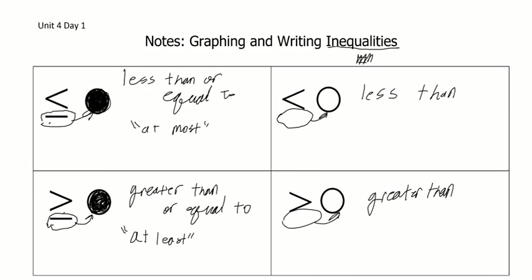It's going to remain open. Less than is going to be things like smaller. Greater than, of course, is going to be things like more than or larger than.